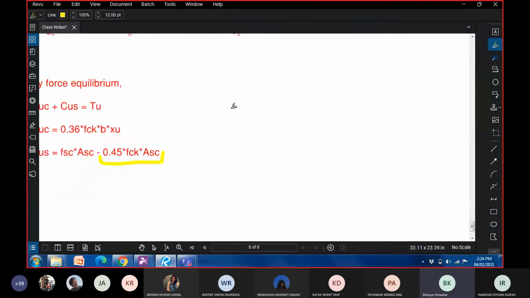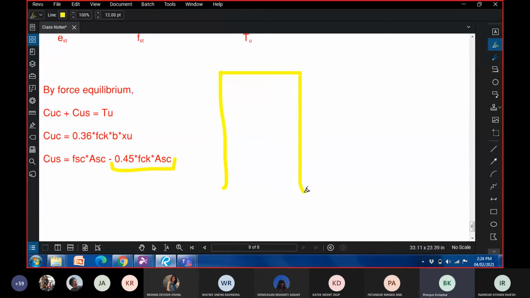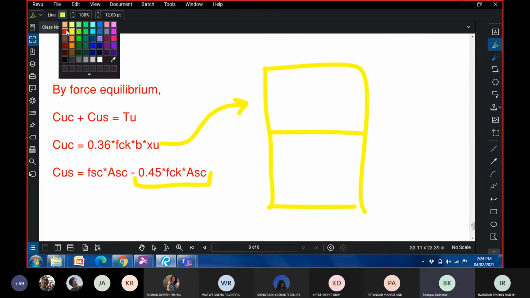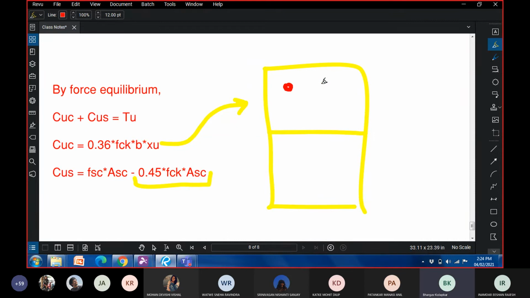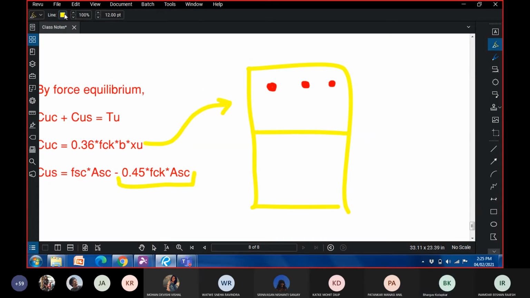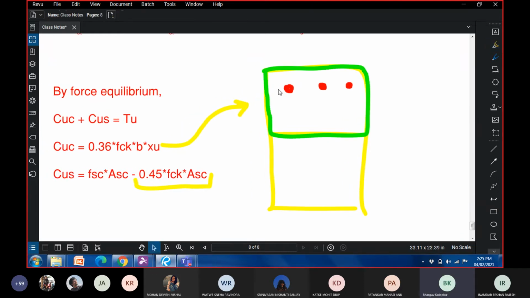Okay, so this additional term is there to account for the fact that while calculating CUC, ideally, we should have considered the green area minus the red area, because there's no concrete there.